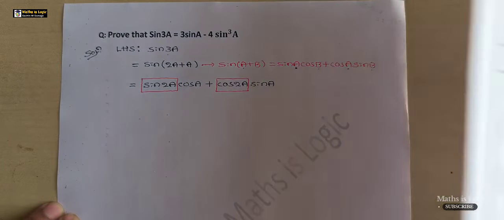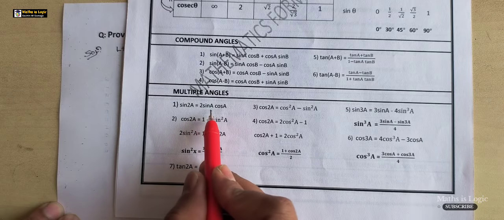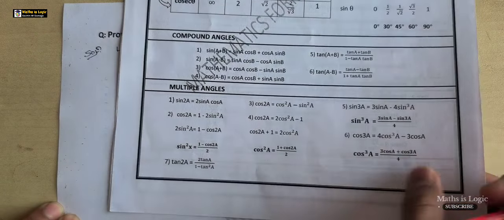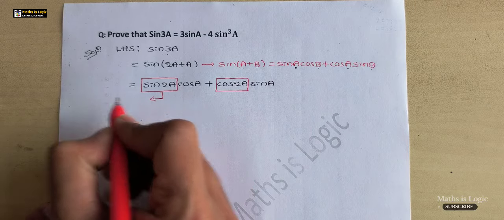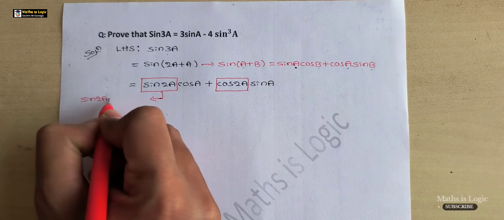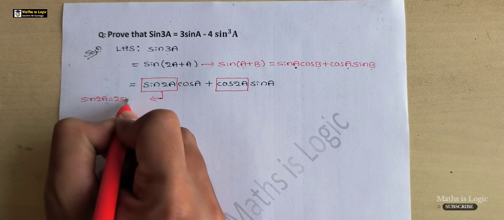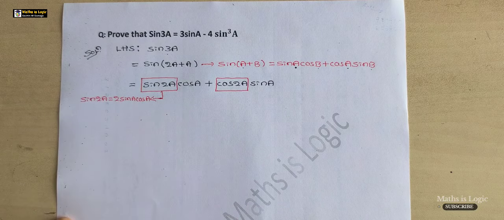In multiple angles, the sine 2A formula is 2 times sine A into cos A.